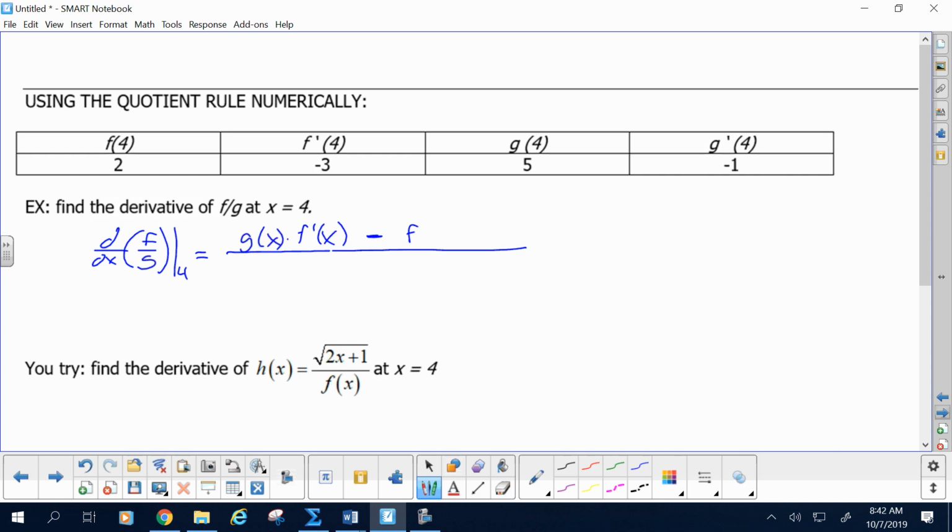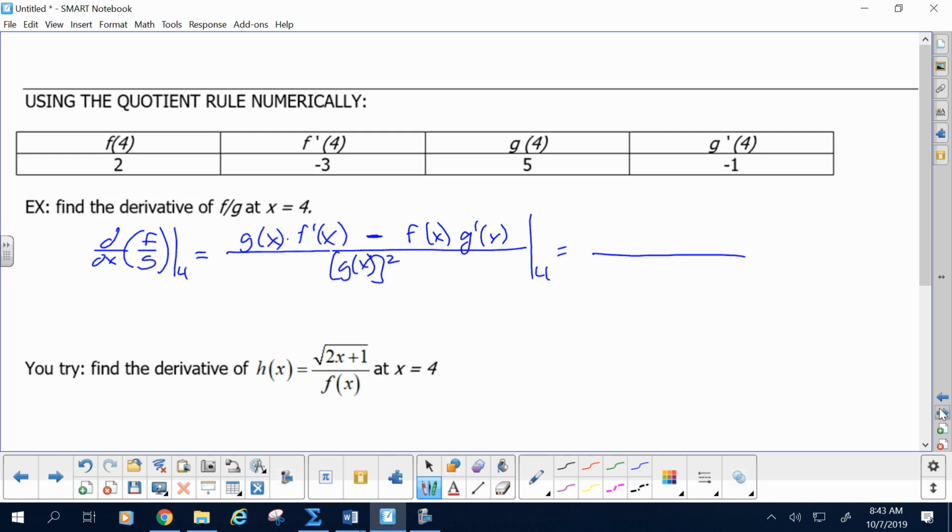I'm going to use x's and then give an evaluation bar. All right, and then I will mark my intention to say, hey, I'm about to throw 4 in here.